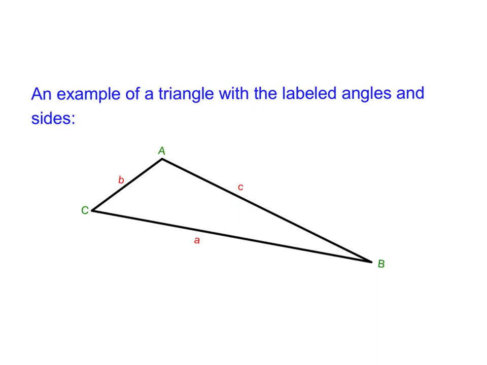We tend to label triangles in that fashion, whether they are ABC or DEF or HIJ, whatever the letters are that get used. The opposite side typically is the lowercase and the angle is the uppercase. Obviously, triangles can come in lots of different shapes and sizes. This is just one example, and the reason I showed you this has to do more with that whole opposite side angle thing than anything else, because that's going to come into play quite a bit here in a minute.